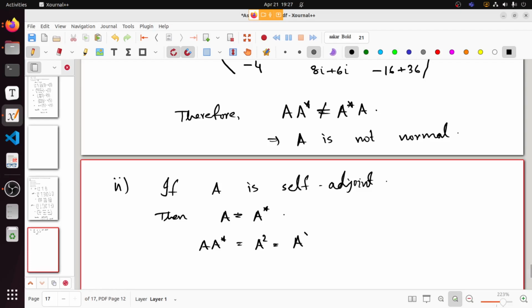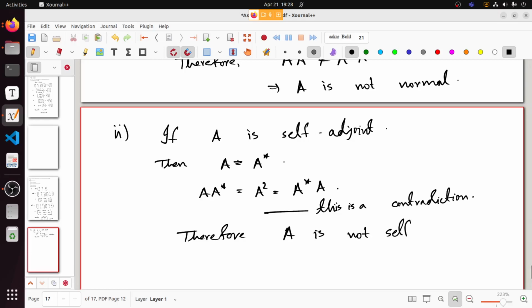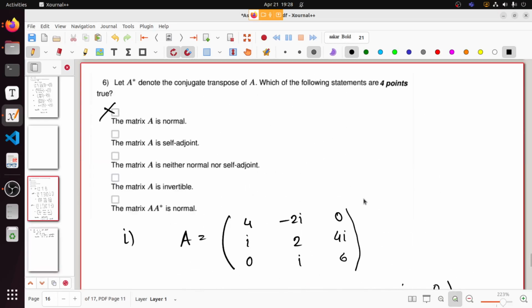So this is the same as A squared equals A, but this is not true, which is a contradiction. Therefore A is not self-adjoint. Yes, every self-adjoint operator is normal, so this is not self-adjoint. So the second option is again false.